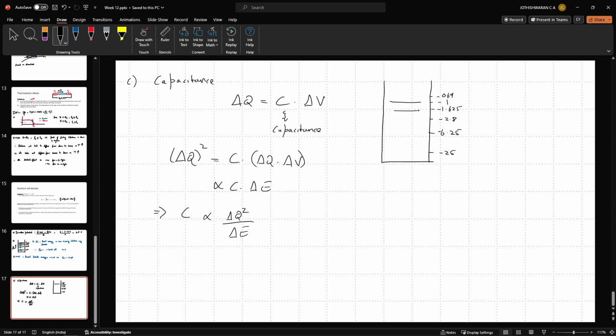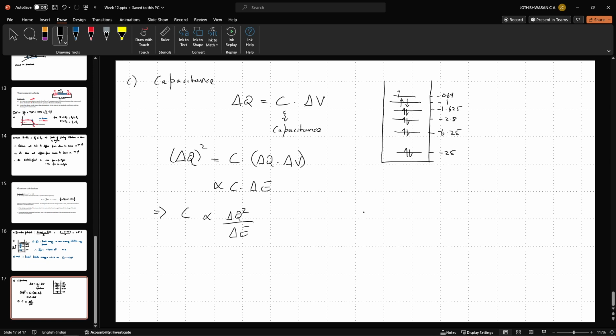I have energy levels here, here, here, here, and here, and there are 2 electrons here, 2 here, 2 here, 2 here. This is 8. The 9th electron is over here, and the next energy level is empty. So now 2 electrons are introduced, which implies one of them is going to come in here and the other one is going to come in here.